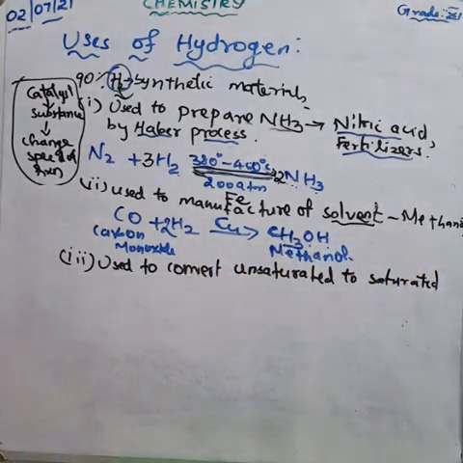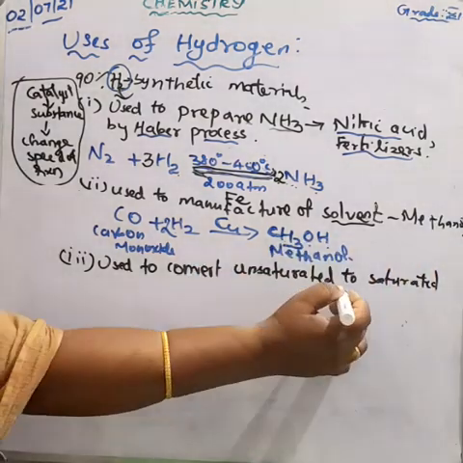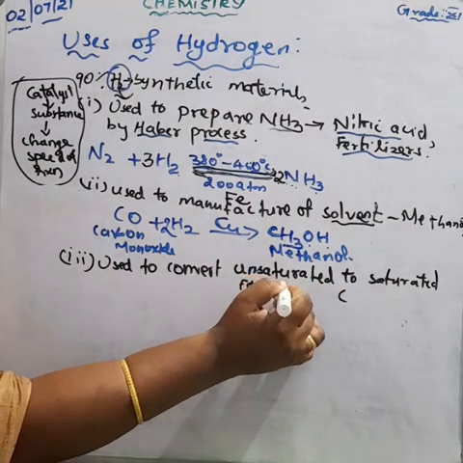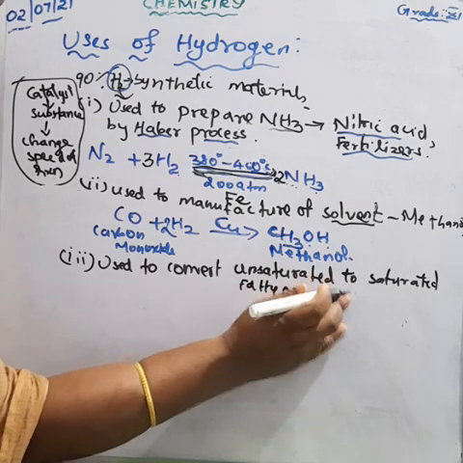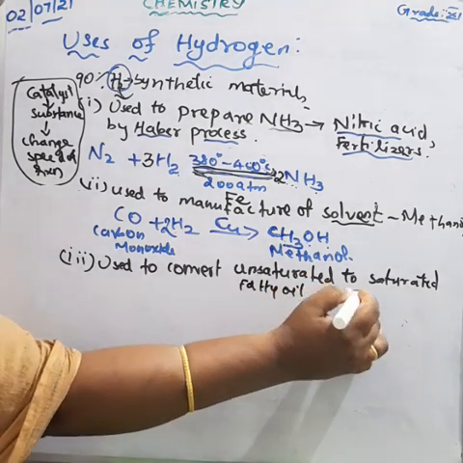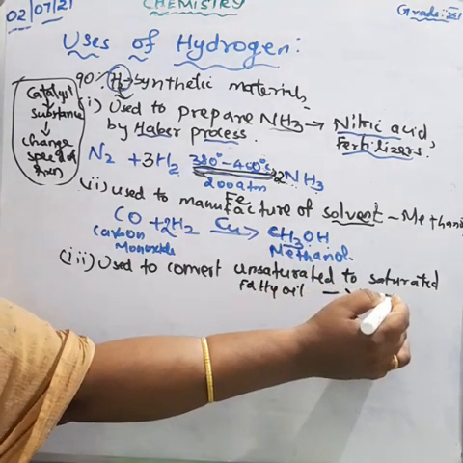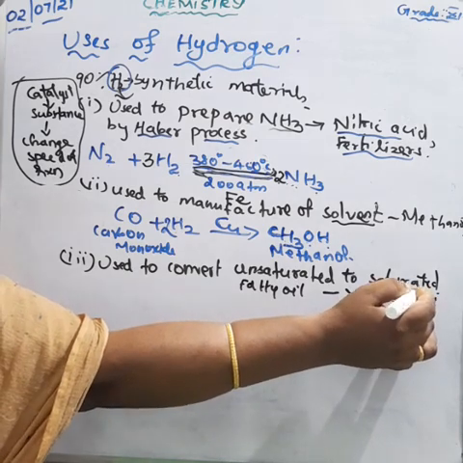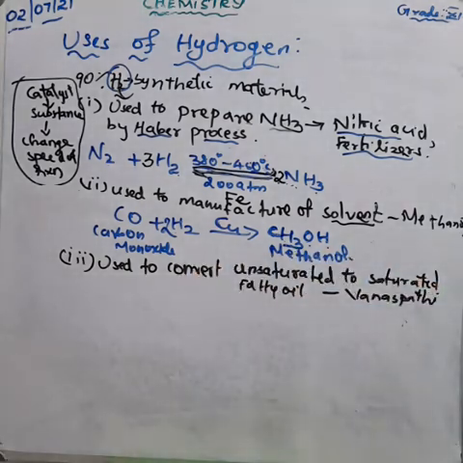Unsaturated fatty oil to saturated fats, that is vanaspati. So what is the third use? Hydrogen is used to prepare vanaspati, which is one of the oils.